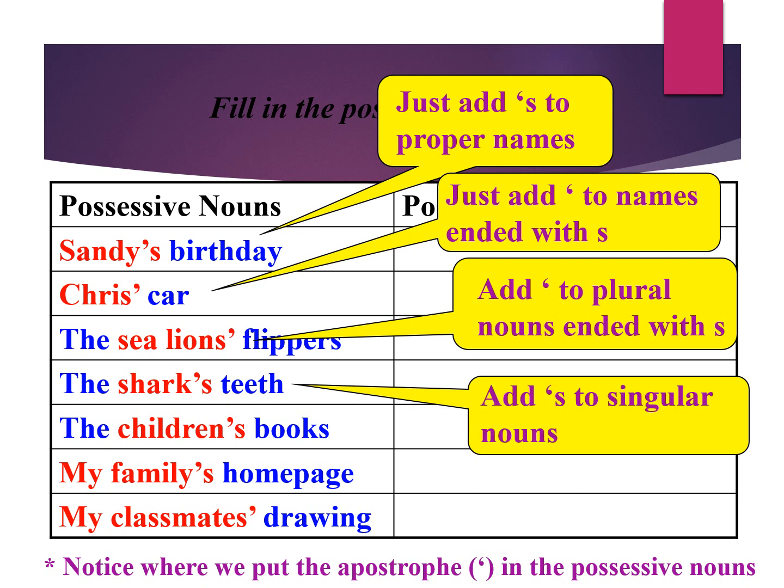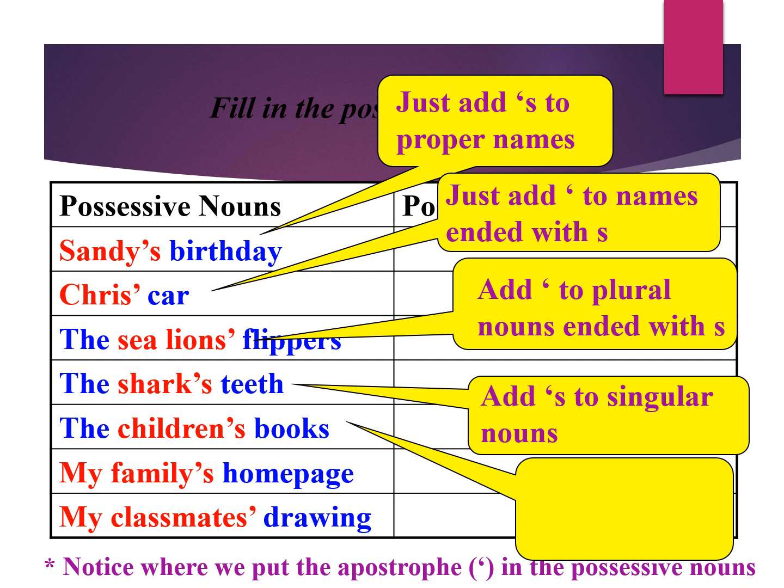Next rule says add apostrophe and S to singular nouns. We have a singular noun, in this case the word shark, and then we add an apostrophe and S to show possession or belongingness. And finally, we add apostrophe and S to plural nouns which do not end with an S, as in the case of the word children.